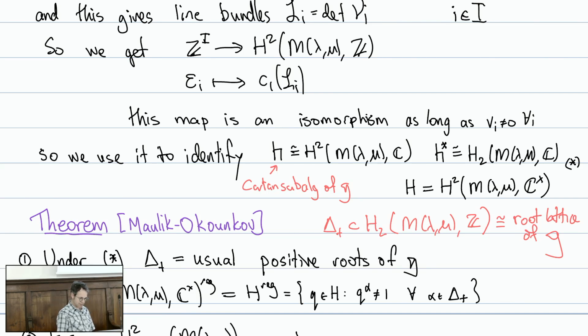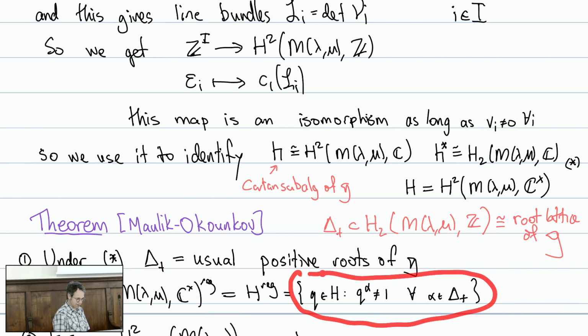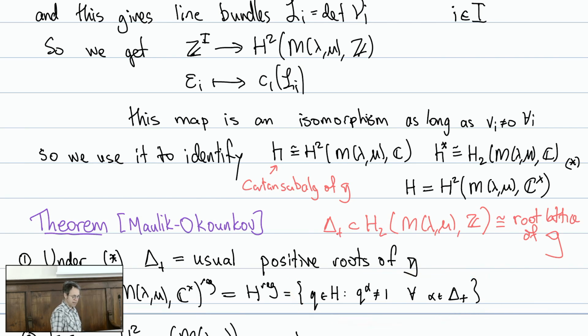As a consequence of this fact, this parameter space for the quantum parameters, this is where the q's live, the parameters that appear in the quantum multiplication, can be identified with this right-hand side, which is just the regular part of the maximal torus of G. I'm calling the maximal torus of G capital H, because I'm already using capital T for this other torus which is acting on the quiver variety.